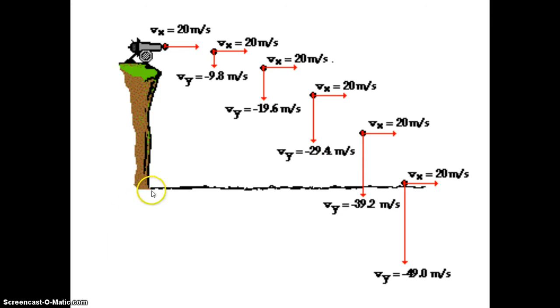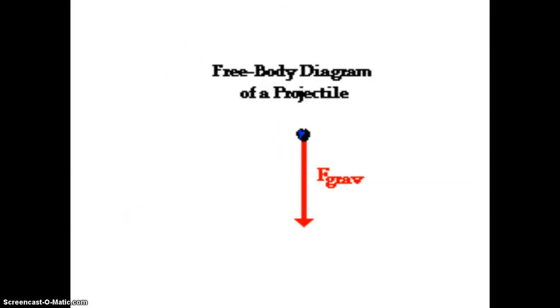So I'm hoping it's pretty clear at the moment that horizontally the object is not slowing down, but vertically the object is always speeding up towards the ground. And that's because the force of gravity is always acting downward, and it is constant. Remember, constant forces produce constant accelerations.